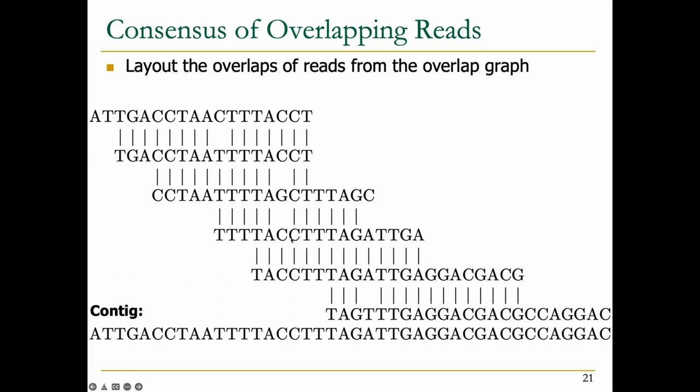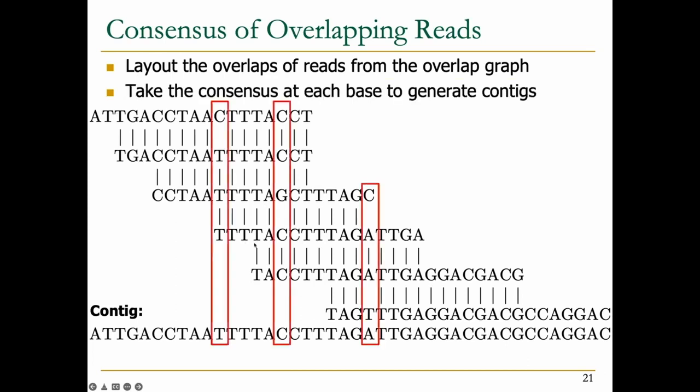So next, what we want to do is generate the contigs from all this overlapping information. A very simple process to achieve that is to take the consensus of these overlaps. What does the consensus look like?